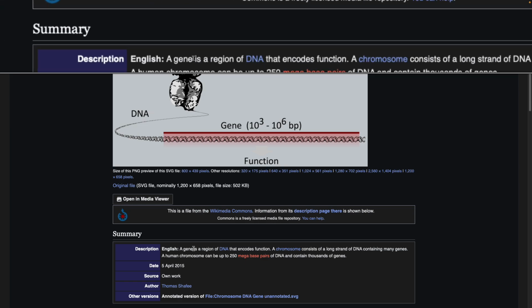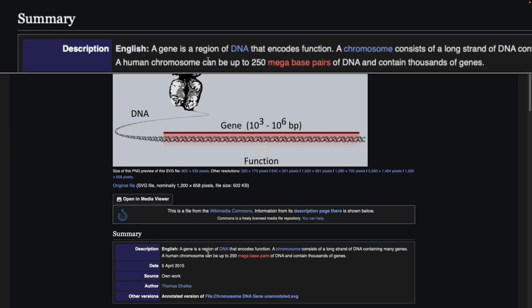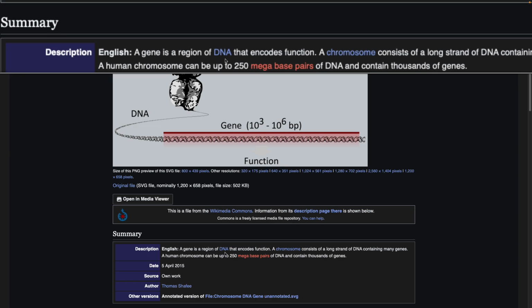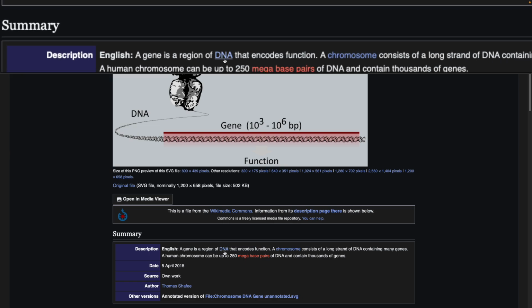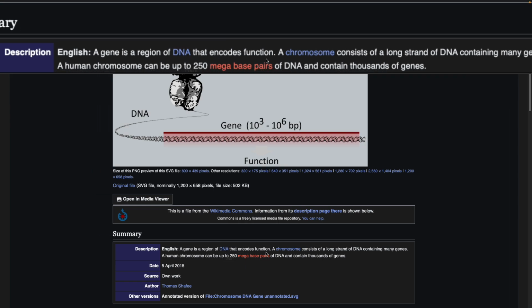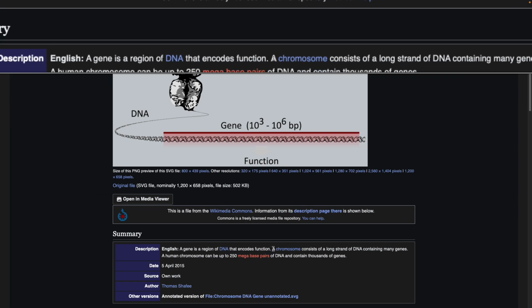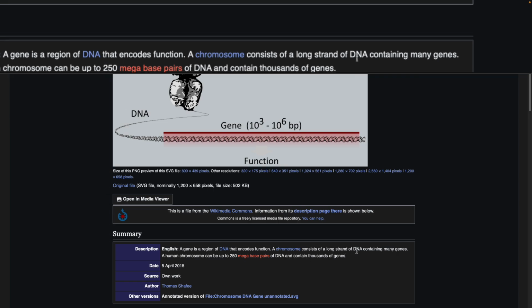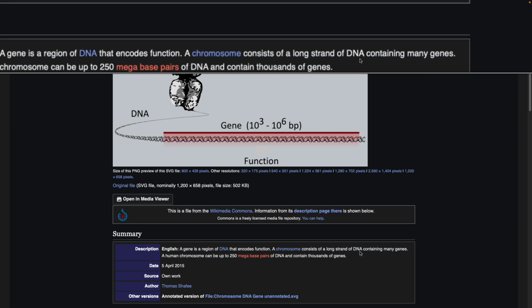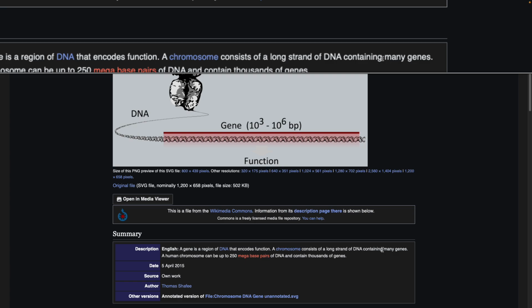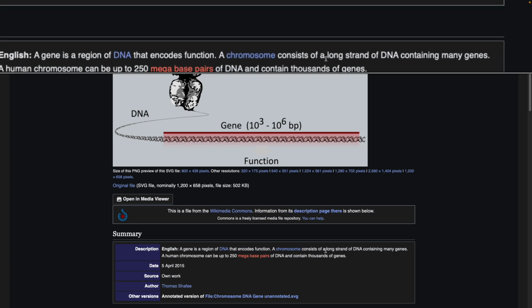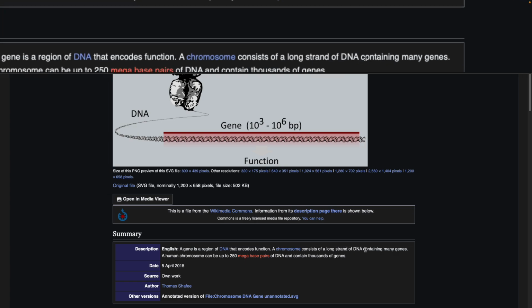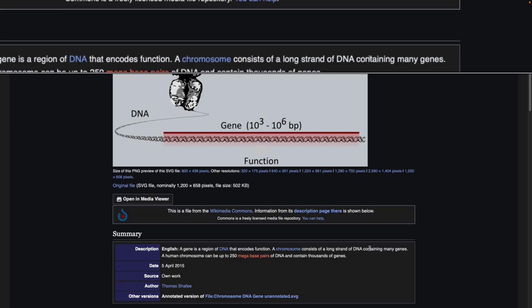Okay, got it. So a gene is a region of DNA that encodes function. A chromosome consists of a long strand of DNA and it contains many genes.